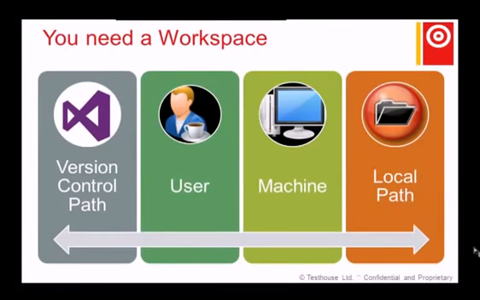So it's a mapping between the server where the files are stored within version control and a folder where you want those files to appear. And that mapping is maintained for you. So once the workspace is defined, you don't have to worry about that anymore.